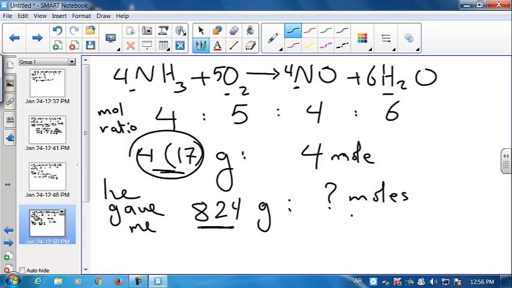Cross multiplication, and the number of moles will be, yes, you make it with me. So it is, no way, 48, is it 48? Yes, it is 48.4. What is the unit? Yes, mole.